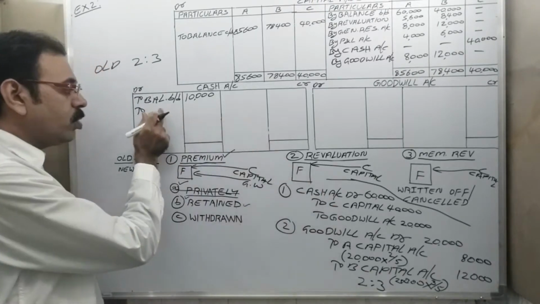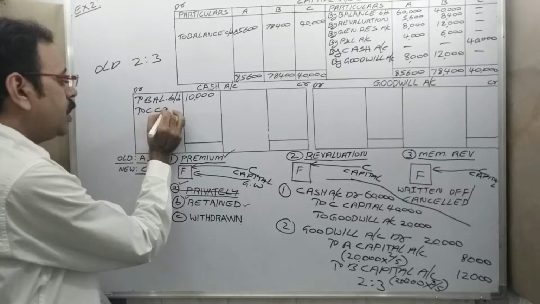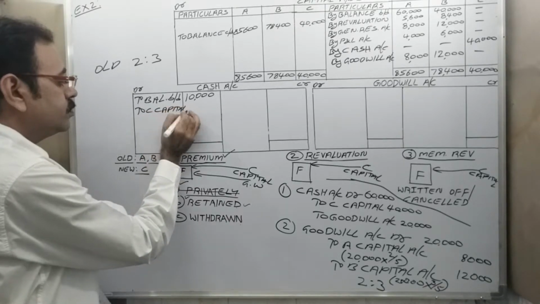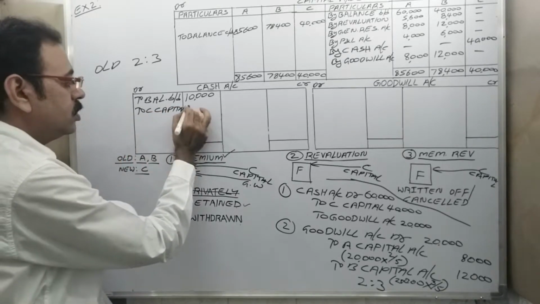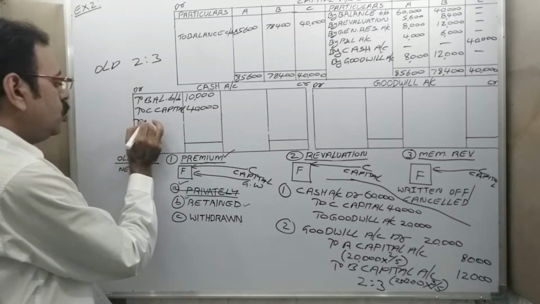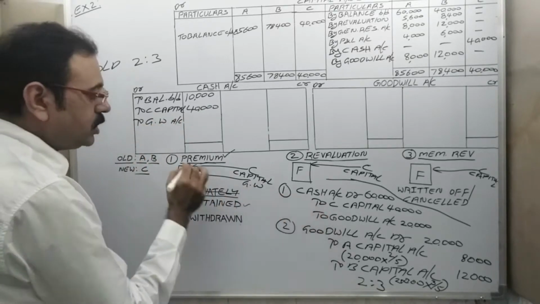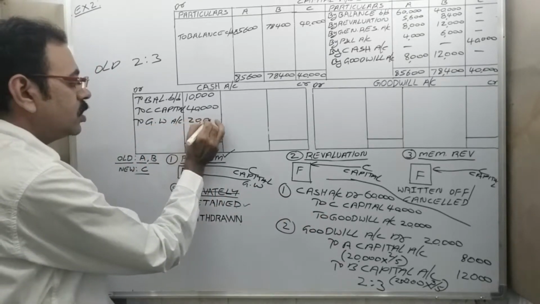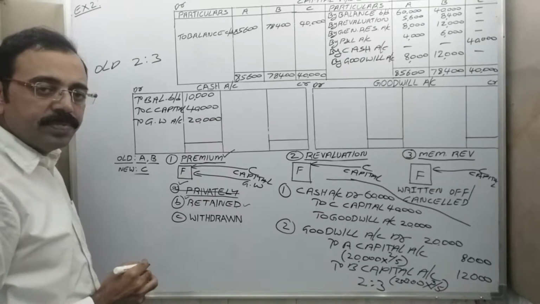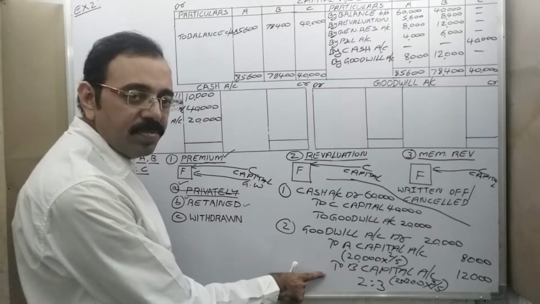Write down those two accounts names here. To C capital account. How much? 40,000 rupees. To goodwill account, that is 20,000 rupees.